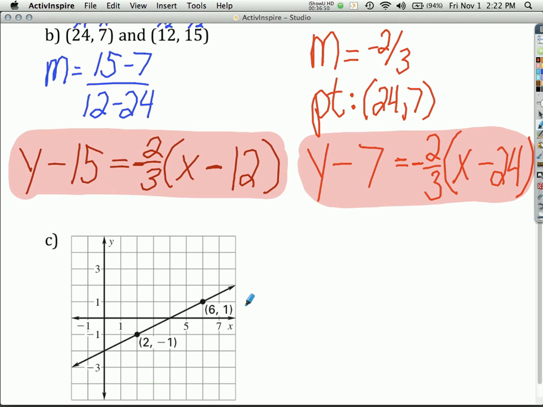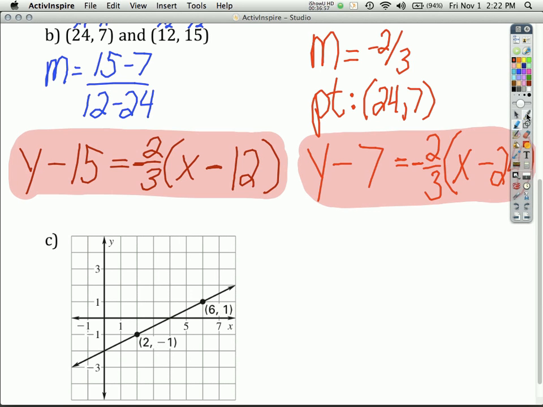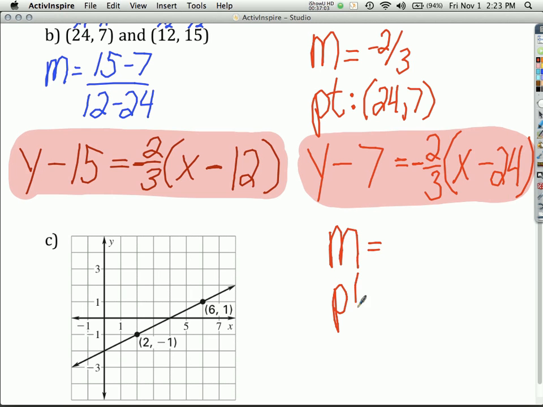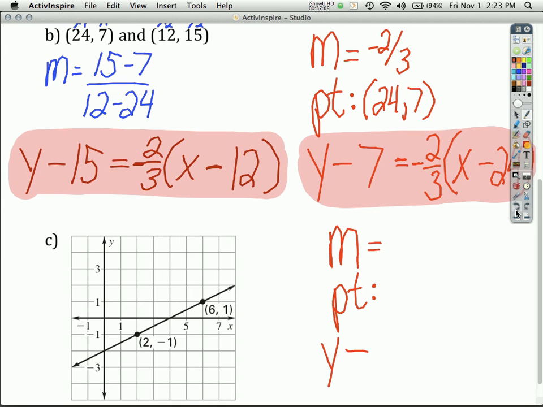He already makes the connection between the equation and the graph. And I think a lot of other students in here do as well. So we still need the same information. We still need the slope. We need a point. And then we can fill in the y minus, excuse me.